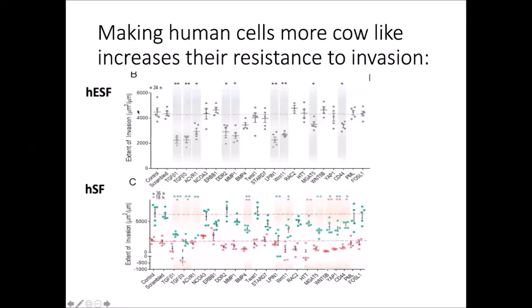So here's the extent of invasion. This is a TGF-beta1 knockdown, and with this lower expression of TGF-beta1, they are also less invasible, and about half of the genes that we have tested are having this effect.